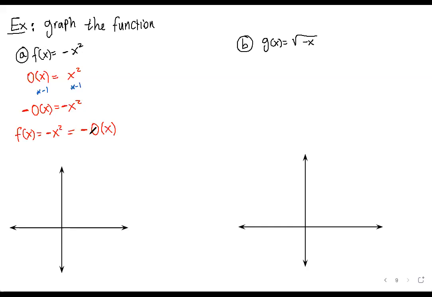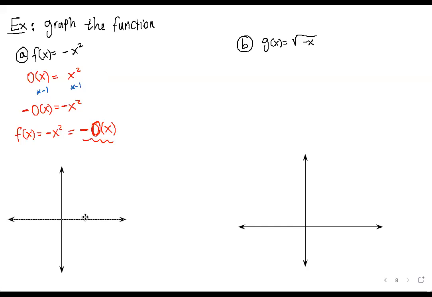And this here, minus O of x, means we have to graph the original function. O of x is a parabola open upward. Then we have to reflect it around the x-axis. Why? Because the negative is outside. And the reflection of this function is exactly the function f of x equal minus x squared.